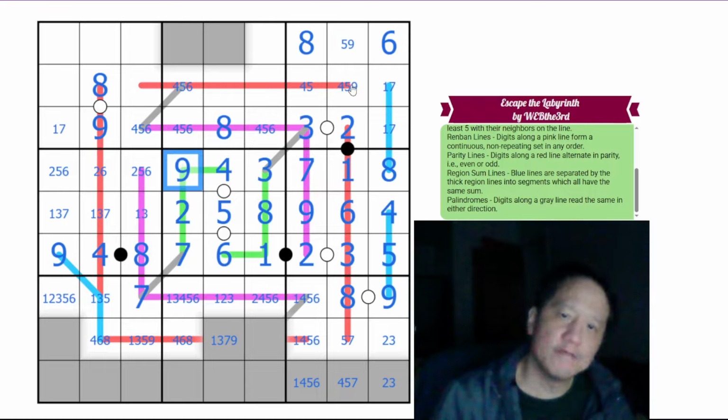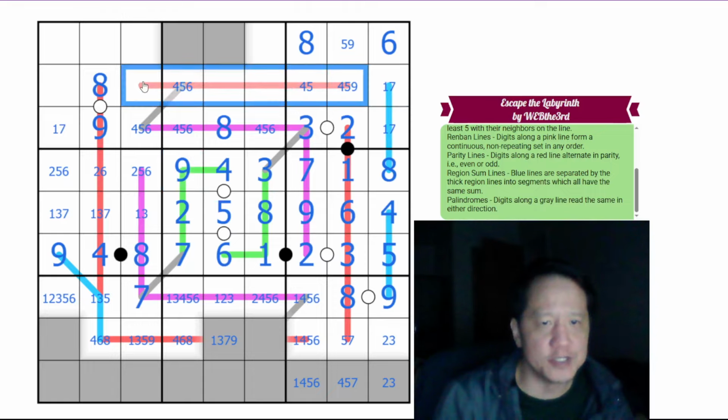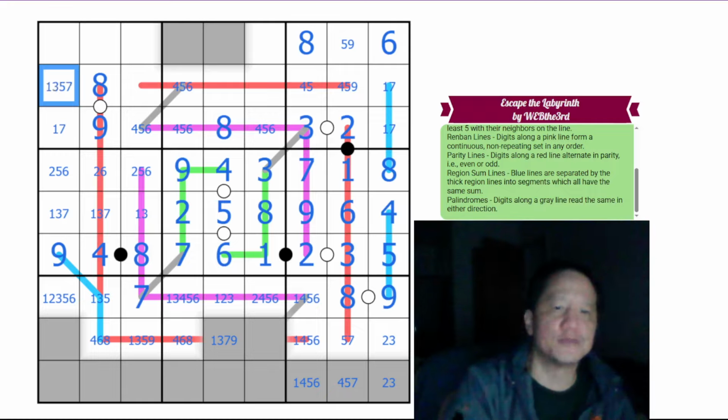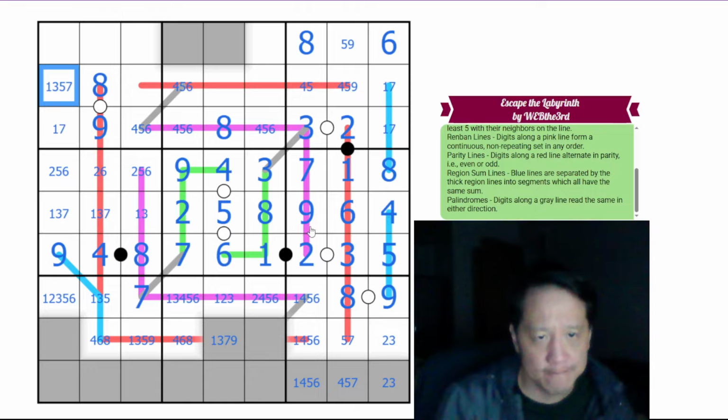We have guaranteed 3 even digits in row 2. And with the 8, that makes 4 even digits, so this cannot be even. This must be an odd digit, so it's 1, 3, 5, or 7.